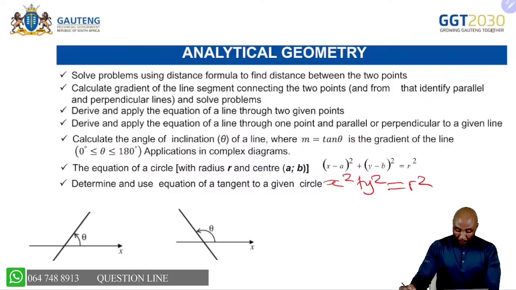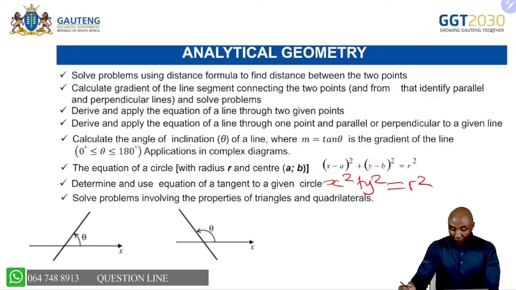We should also be able to solve problems that involve properties of triangles as well as our quadrilaterals. We know the basic quadrilaterals, how to distinguish them in terms of their interior angles, as well as their sides, as well as knowing the properties of the diagonals, as this will make our life easy to check whether a shape is a parallelogram or a rectangle.